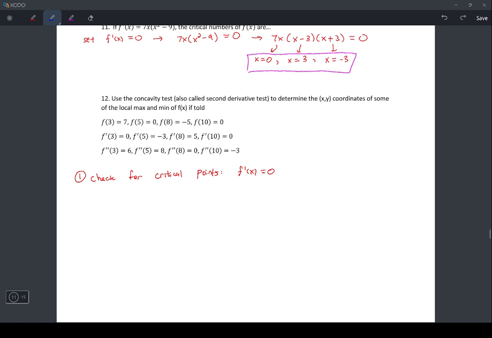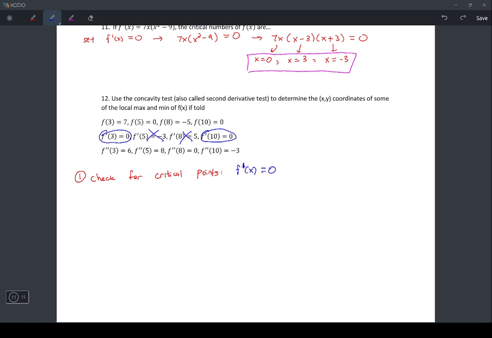So I'll check for that. Change my color coding. Okay, so looking for f prime is equal to 0. I see f prime of 3 is equal to 0. I see f prime of 10 is equal to 0. And I see the other ones, the derivatives are not 0 there.